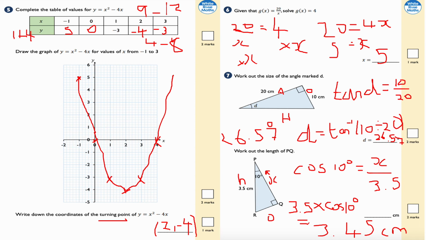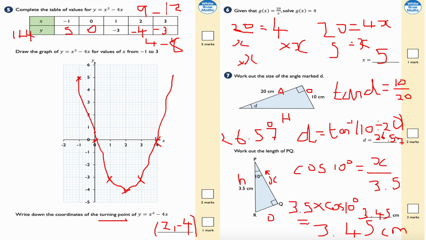I'm going to round it a bit lower because it has to be smaller than the hypotenuse length. So if it was me, I would leave it as 3.45 or 3.447 or 3.4468. The answer is 3.446827135554 on the calculator. And that's how I work out that one.